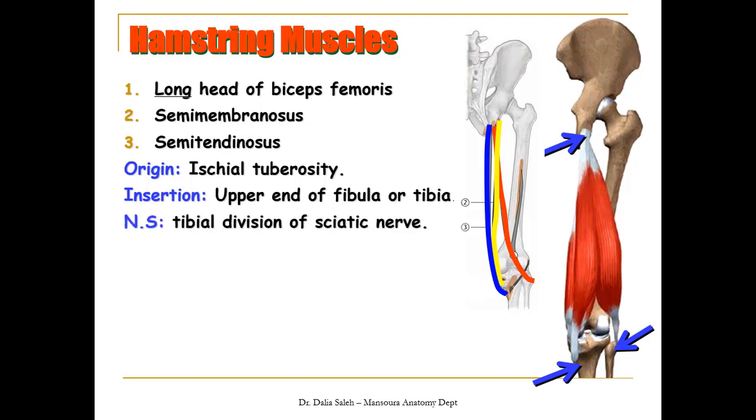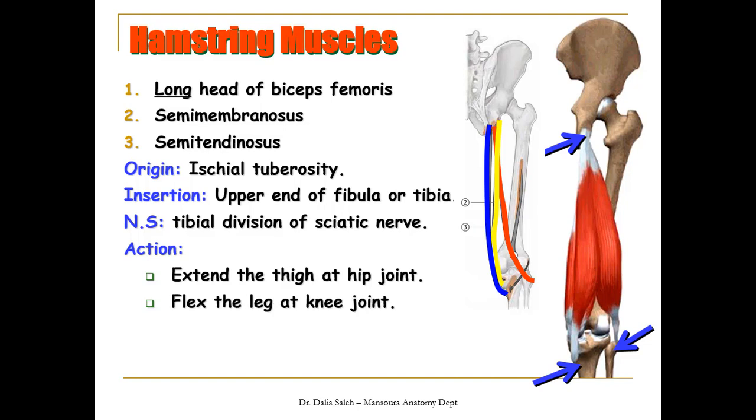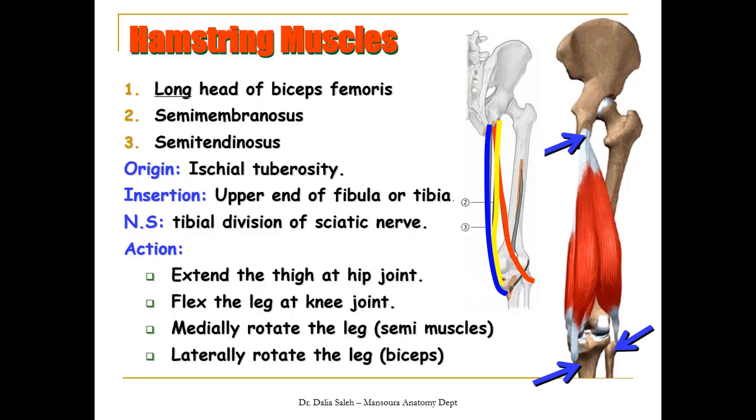Their nerve supply is through the tibial division of the sciatic nerve, and they share in the same action: extension of the thigh at the hip joint and flexion of the leg at the knee joint. Those inserted into the tibia will medially rotate the leg, like the semimembranosus and semitendinosus, while those inserted at the fibula will laterally rotate the leg, as the biceps femoris.